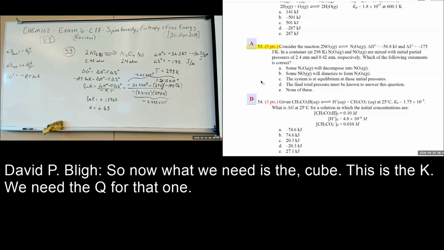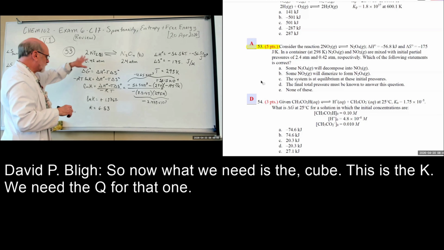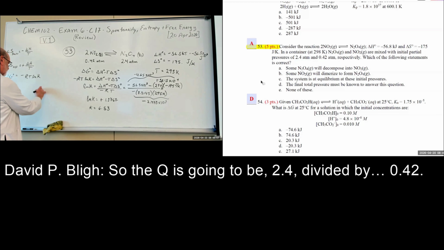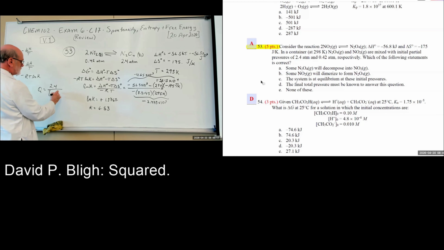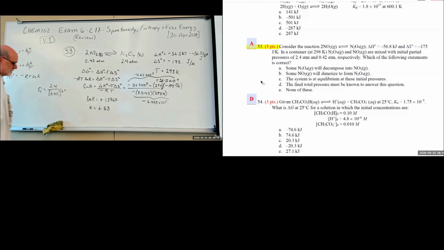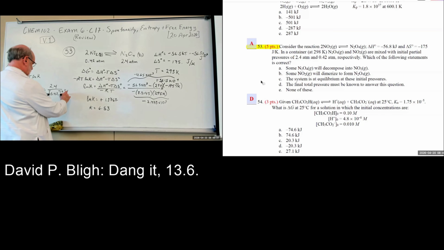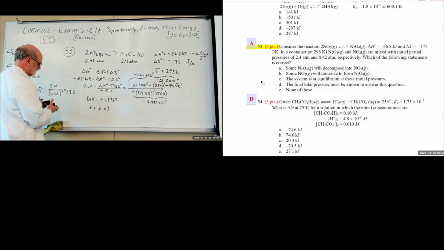Okay. So now what we need is the Q. This is the K. We need the Q for that one. So the Q is going to be 2.4 divided by 0.42 squared. Dang it, 13.6.